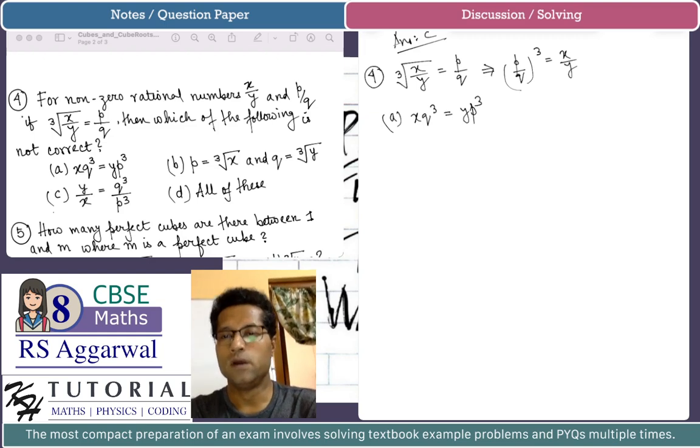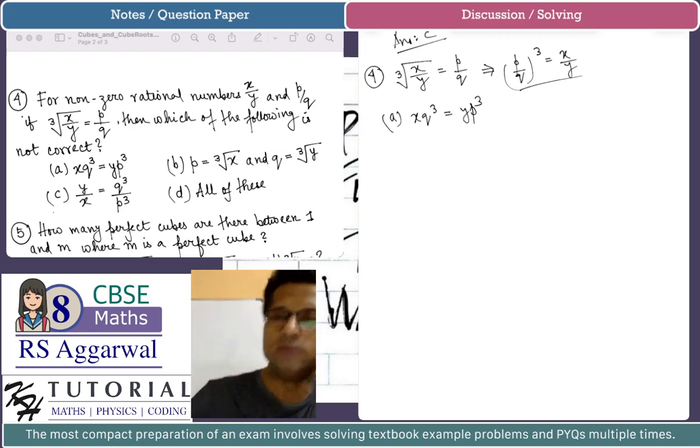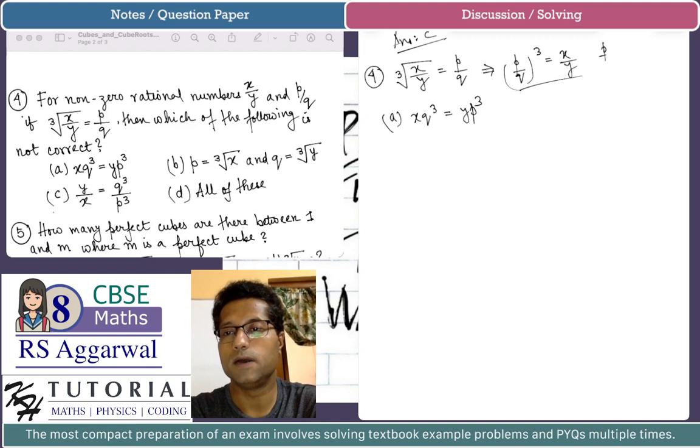Now from the given fact that the cube root of x by y is p by q, the cube of p by q will be x by y. So x by y is equal to p by q whole cube. Now p by q whole cube is equal to p cube divided by q cube.